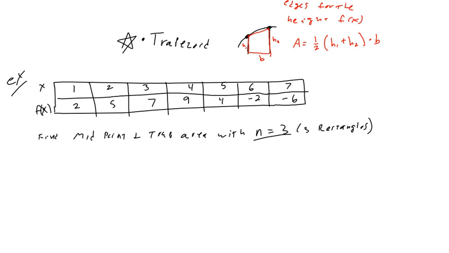So find the midpoint and trapezoid areas, or Riemann sum approximations, with 3 rectangles. We have a lot more than 3 spaces, but we're going to use 3 rectangles to go through this process here.